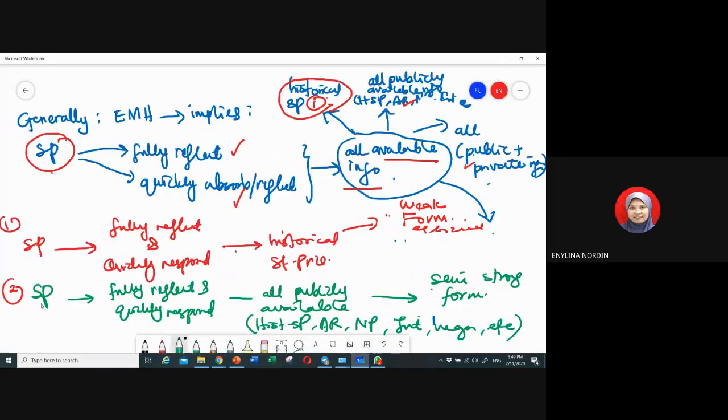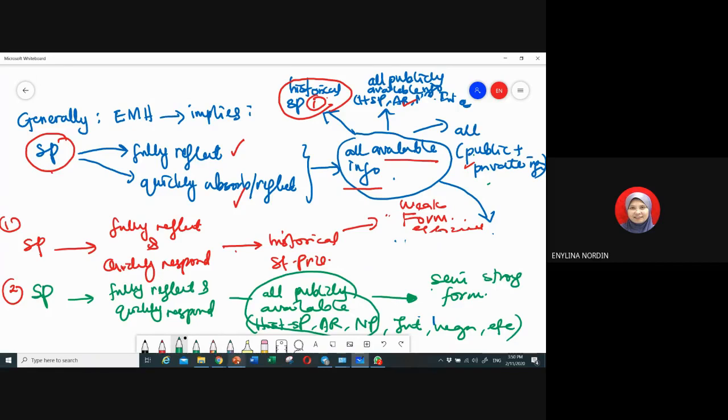If the stock's price fully reflects and quickly responds to all publicly available information, where this information comes from past stock prices, annual reports, newspapers, and so on, that means the market is in the semi-strong form efficiency.